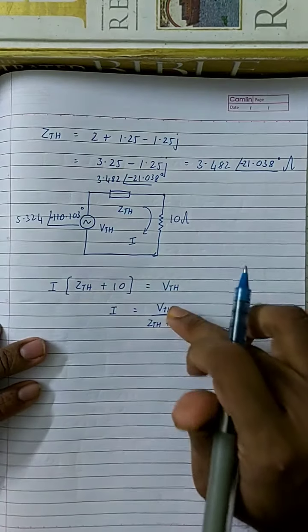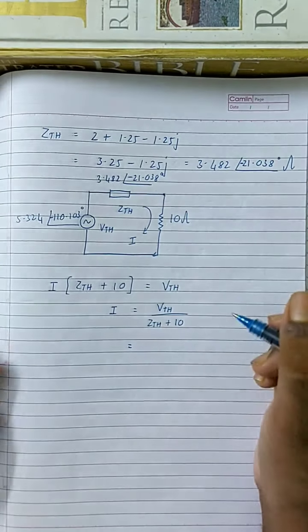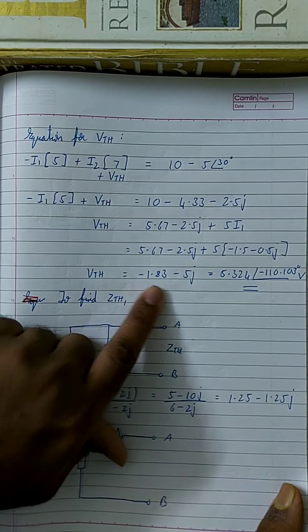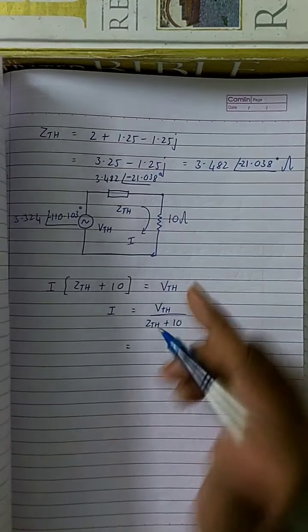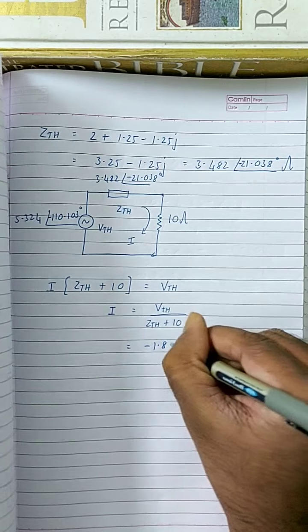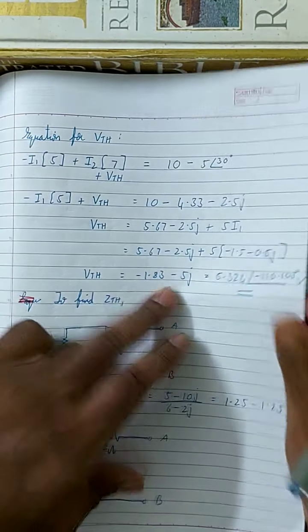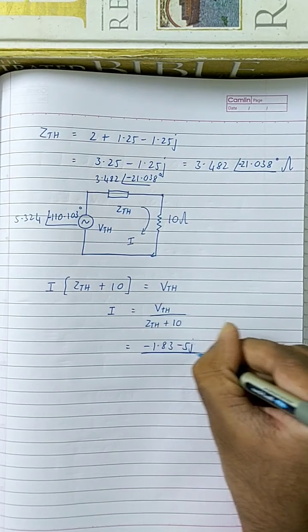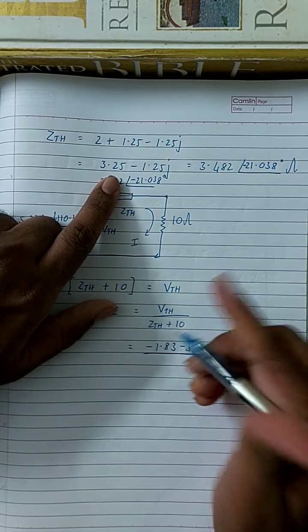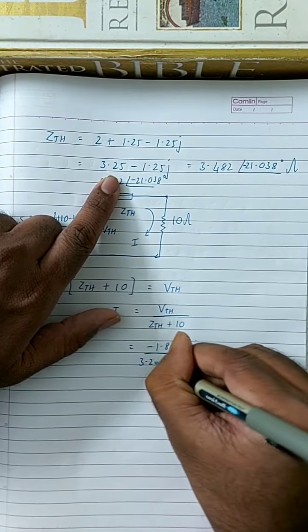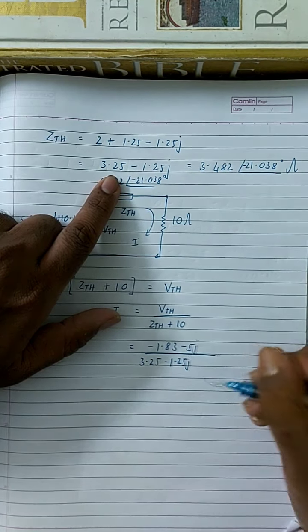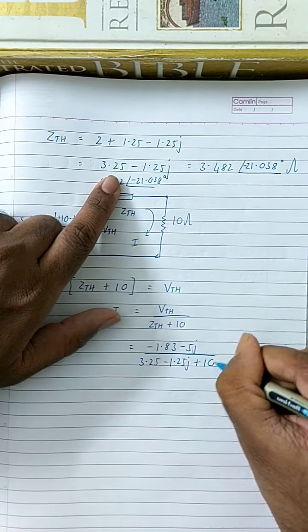I think it's better you use the rectangular form than the polar form. Then you can finally convert. The rectangular form of VTH is 1.83 minus 5j, and your ZTH is 3.25 minus 1.25j plus 10.